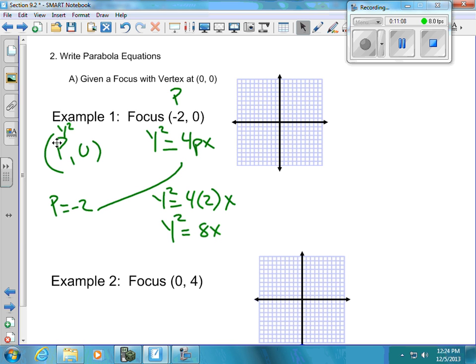Now down here, just so you know, this is an x squared parabola. So x squared equals 4py, because the p comes in the y coordinate. Wherever the p is, it's the opposite squared value. If it's in the y coordinate, it's an x squared. If it's in the x coordinate, like here, it's a y squared parabola.